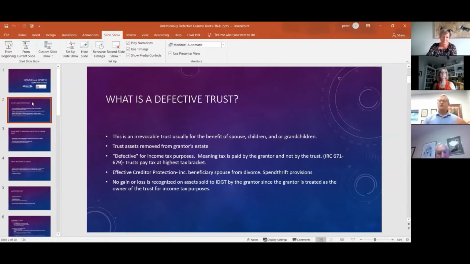So if they have concerns about some of their children being able to handle significant assets, they can write in provisions to give instructions to the trustee about how income is to be distributed to some of the beneficiaries. The last point is really key.